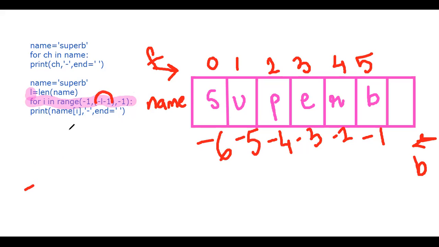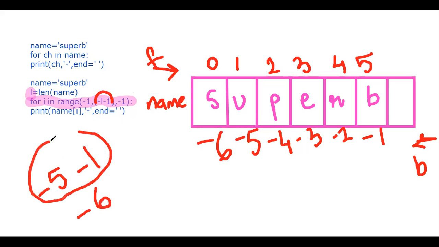Sorry, it is length. Length will be 6, so it will be -6 -1... so it will become -6. The reason we use length over here is so that we can calculate any alphabet like this.